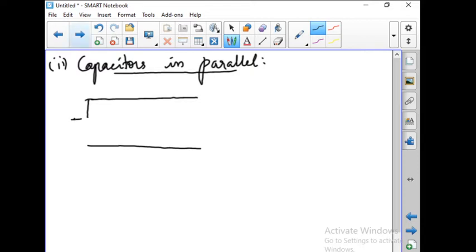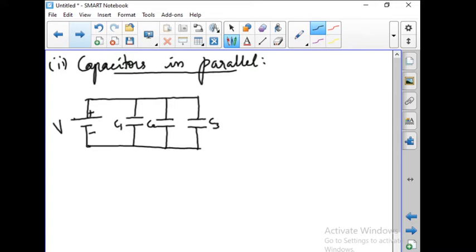Here is a battery whose voltage is V, and 3 capacitors are connected in parallel. This is the positive and negative terminal, and the capacitors are named C1, C2 and C3.